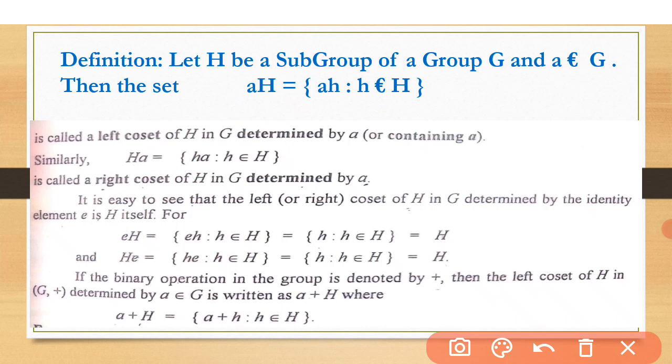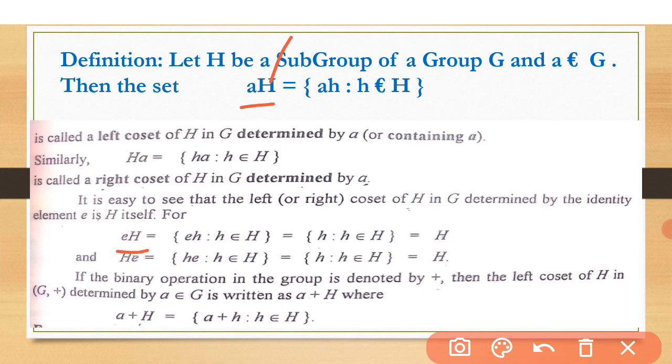For example, if we take the identity element, in multiplication we know that the identity element is 1. If we multiply 1 with all the elements of H from the left side or right side, it gives us H itself.